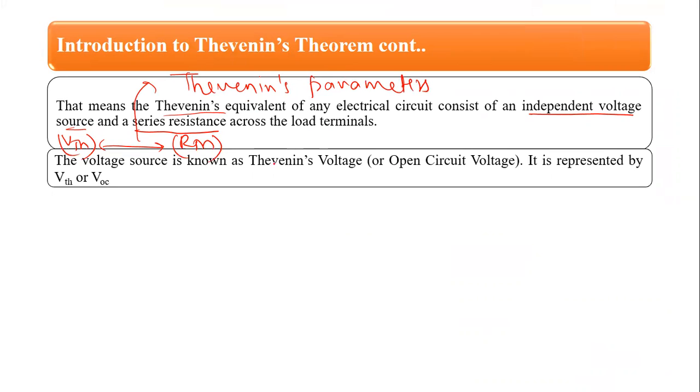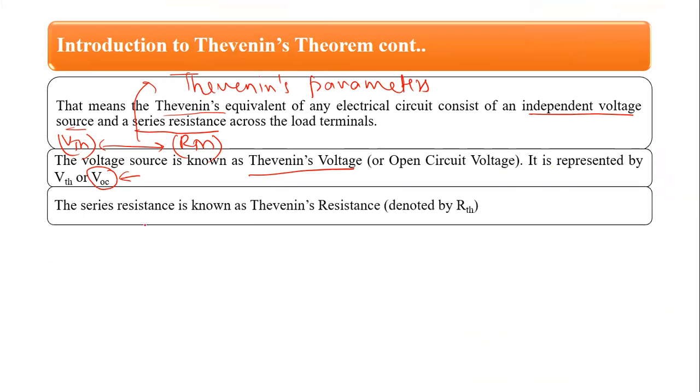So this is what is written here. Now Thevenin's voltage is also known as open circuit voltage. We will understand why it is known as open circuit voltage. And the series resistance is known as Thevenin's resistance, denoted by RTH here.